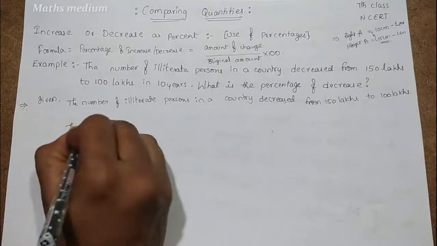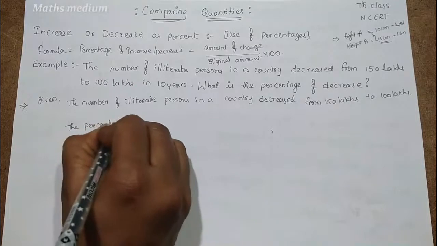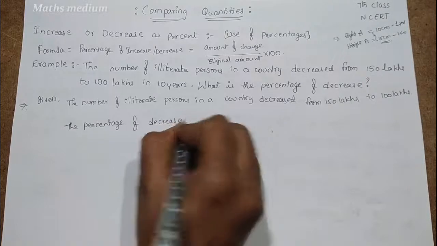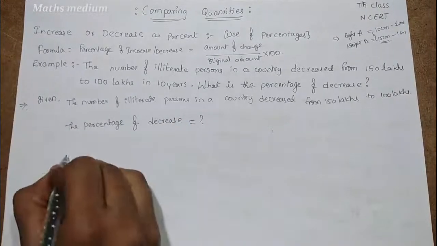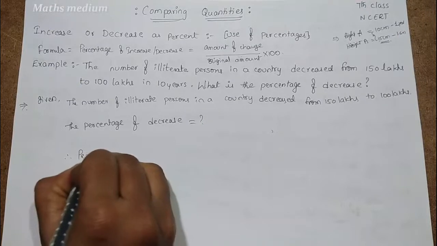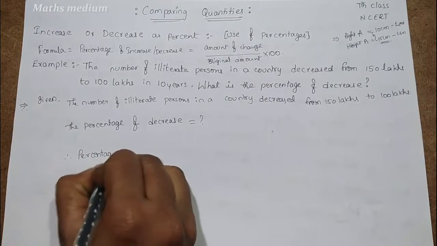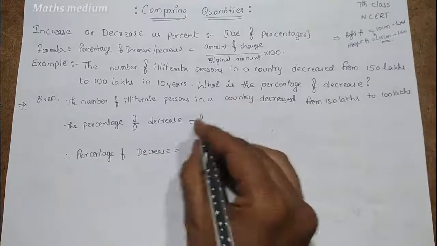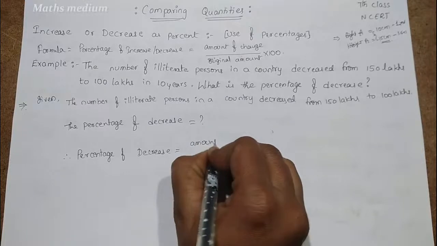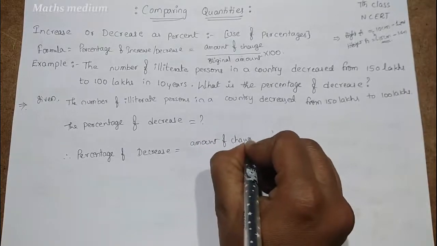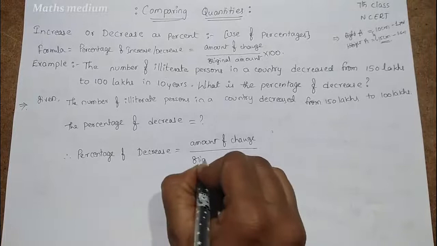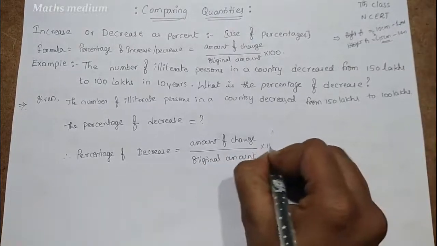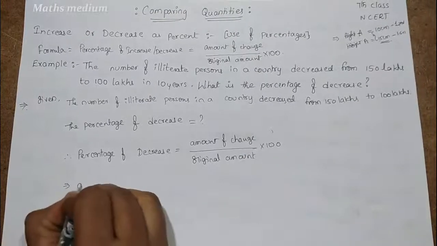Find the percentage of decrease. Therefore, the formula is percentage of decrease is equal to amount of change by original amount into 100.